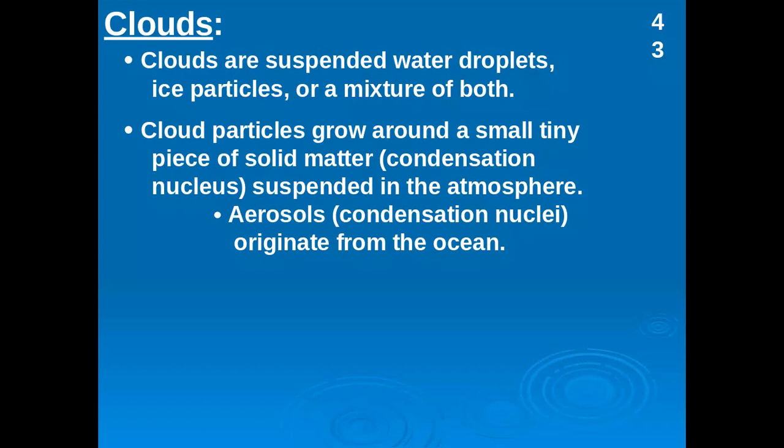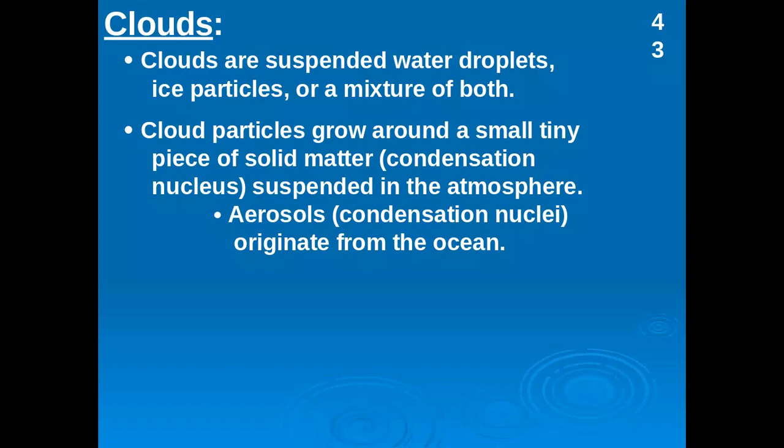But to produce a cloud, particles usually grow around small, tiny pieces of matter, which we refer to as condensation nuclei or nuclei. And what natural way then for the Earth to produce small pieces of solid matter, which are known as aerosols or condensation nuclei?